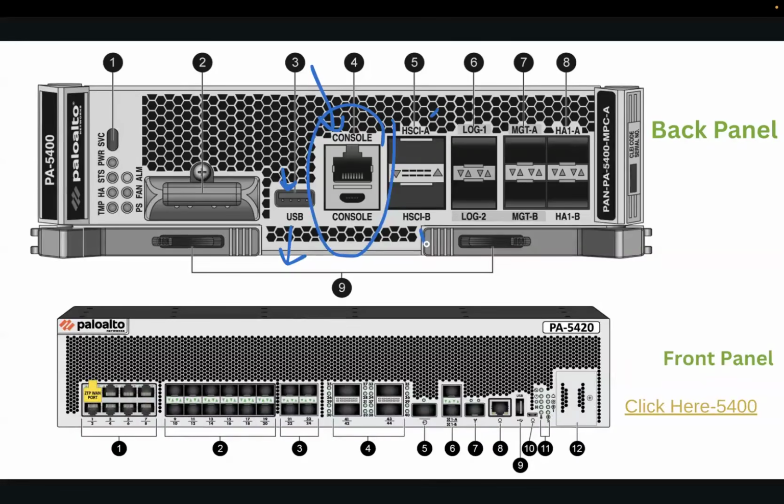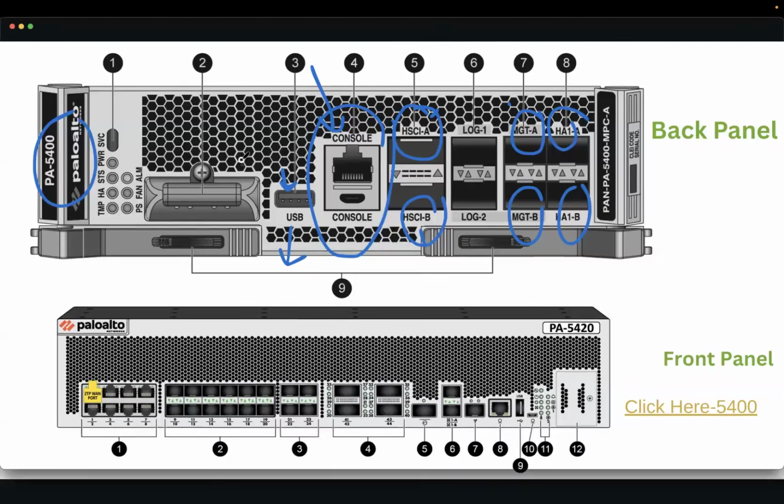It's like HA1, HA2, and HA3 as well. In that case, for high availability, HSCI ports we can use. Management port is a dedicated management port as well, for backup as well. HA1, HA. So different model numbers will have different front and back panels. It won't be similar for every firewall.